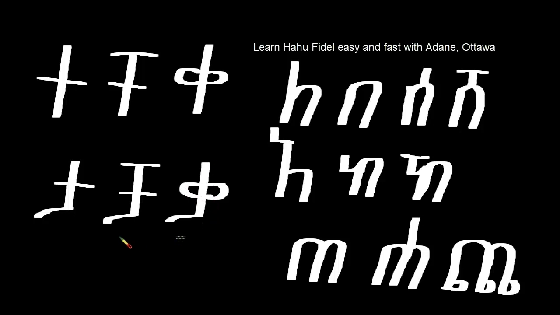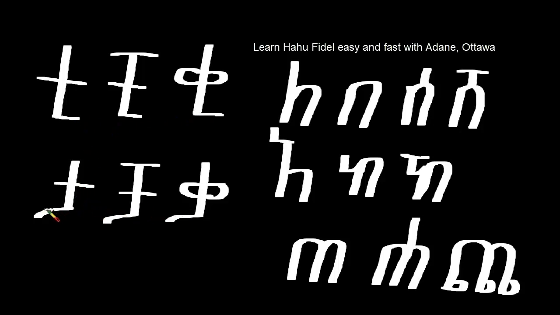So this is the fourth Hahu Fidel family in this group, like ha, hu, hi, ha, the A sound: ta, tu, ti, ta. Remember, if we put the line this way, it is going to be the E sound: chi, ti, chi, and ki. You see, they look the same. Don't get confused with this. This is the E sound, this is the A sound.